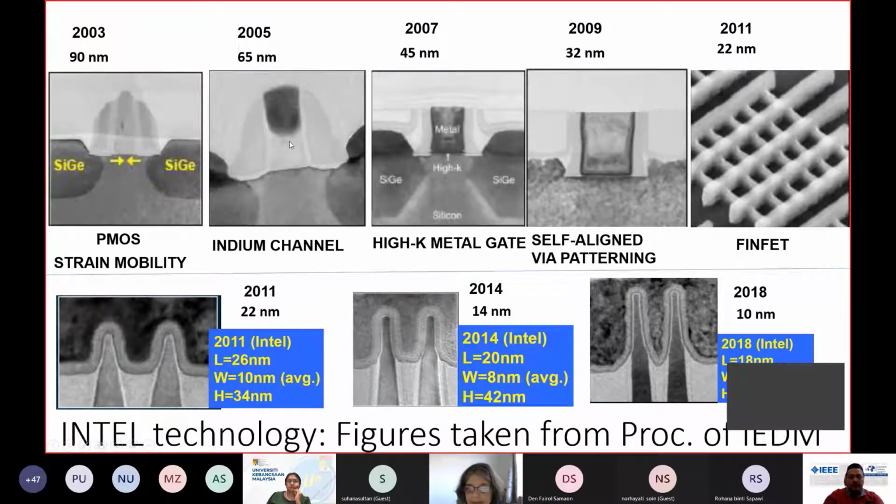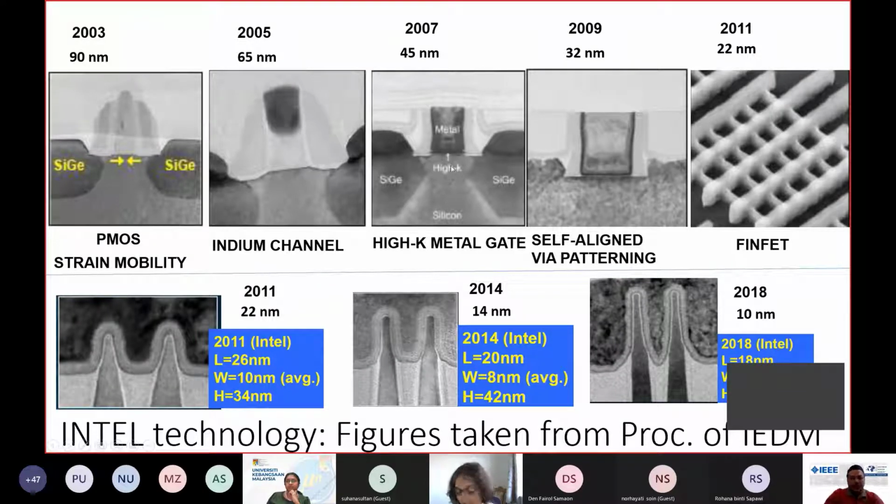And then subsequent to this introduction, which by the way is still in production today in the technology nodes, industry at the 45 nanometer node introduced the high-k metal gate. That was to reduce the leakage current from the source into the gate because the silicon dioxide insulator had become too thin.